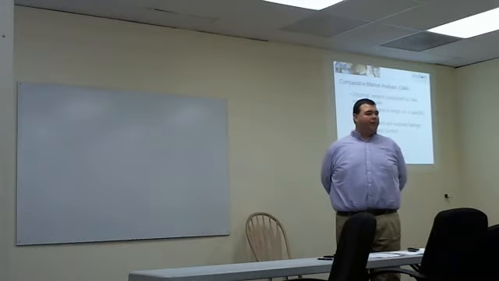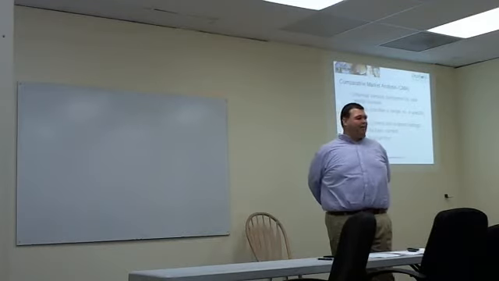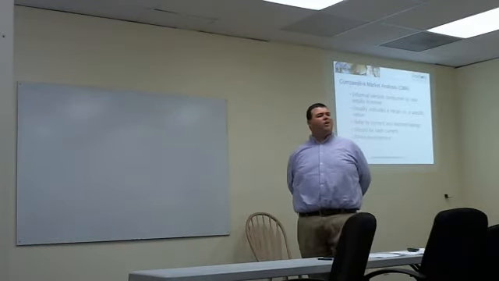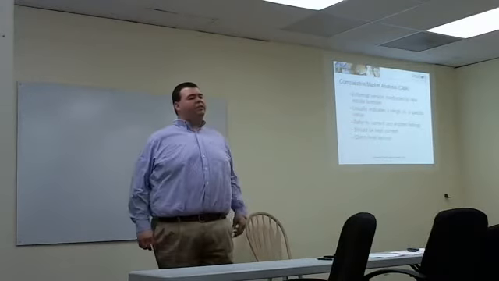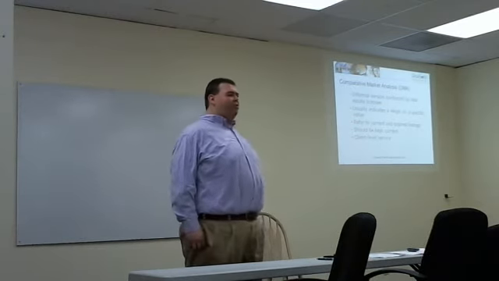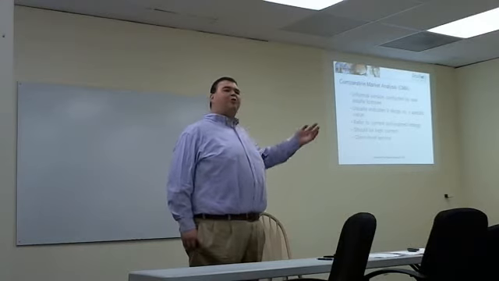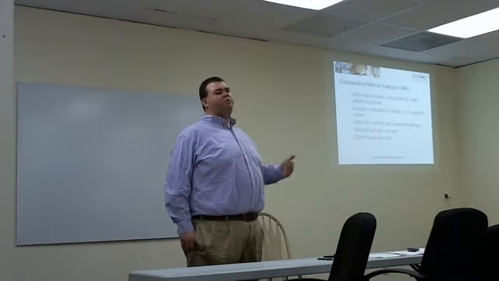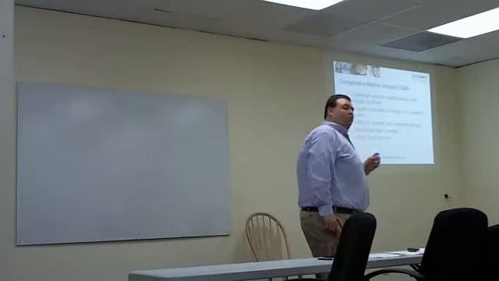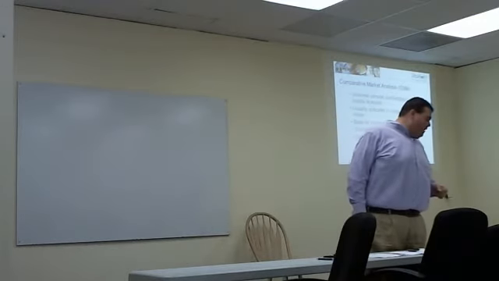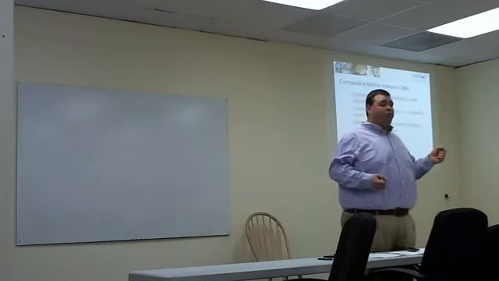Does everybody see that? Sometimes that's called an indicated value. It means the same thing, adjusted or indicated value. And so each comp is going to produce an indicated value. You're not going to stop with one though, you're going to do it for all of them. You're going to make these adjustments for all of them, and then your value range for that property is going to be based on those adjusted values.